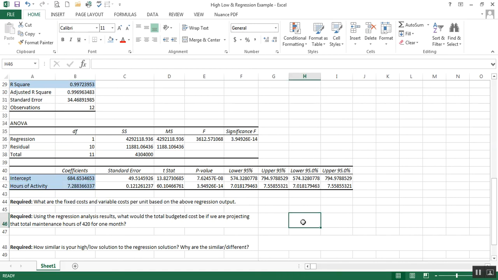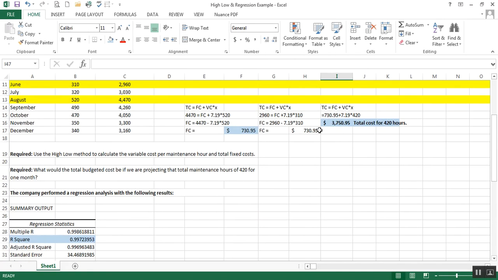So here our total cost is equal to our fixed cost plus our variable cost times the number of hours, so 420 hours. Under the regression model, our total cost for 420 hours is $3,745.77. You'll see that this is slightly different than the high-low result.